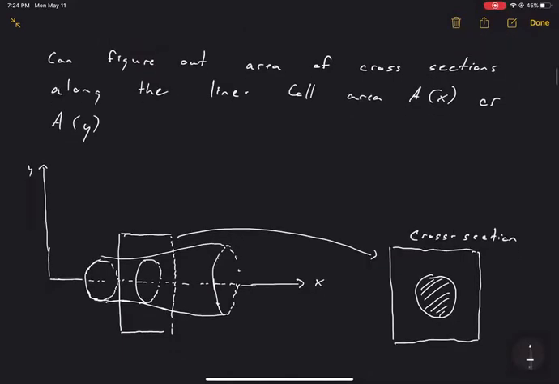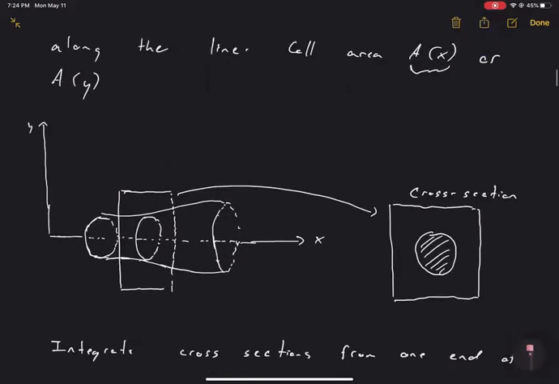I'm going to refer to the area of these cross sections as A(x) or A(y). You might be asking why it's in terms of x or y. We'll deal with that later. But if we integrate our area function along our object, we're going to end up with volume.